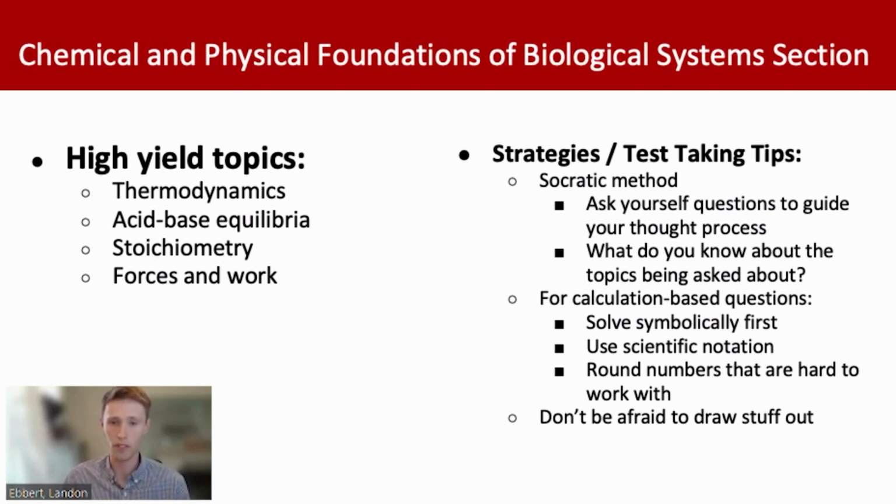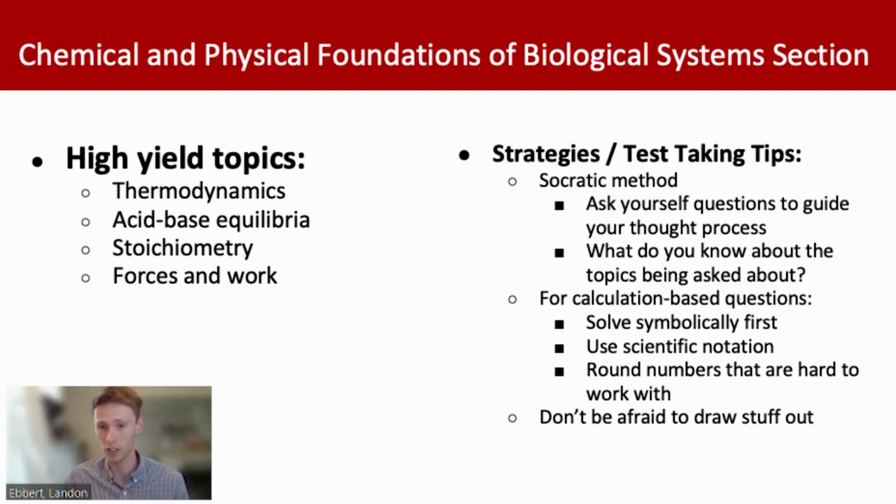Next, for calculation-based questions, which are pretty common on the CP section, I recommend that people solve symbolically first, that they use scientific notation and know their exponent rules really well, and then also round numbers that are hard to work with. The MCAT is designed to allow you to do every question in under a minute.